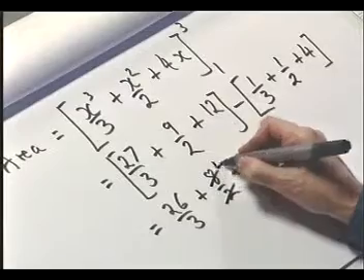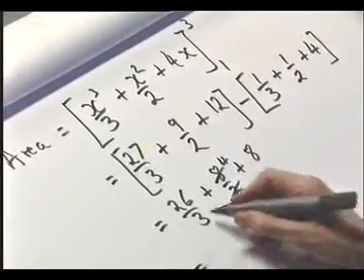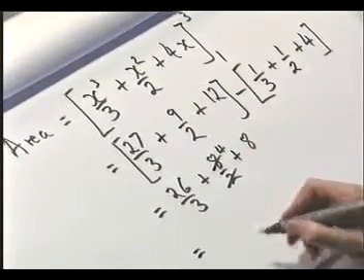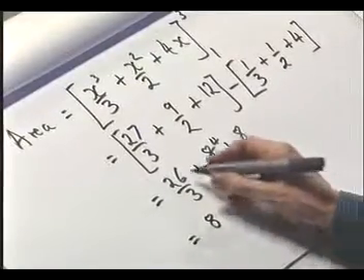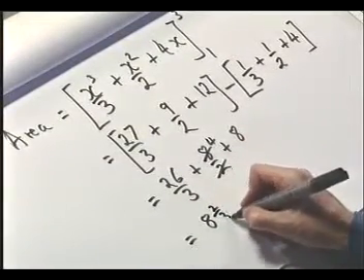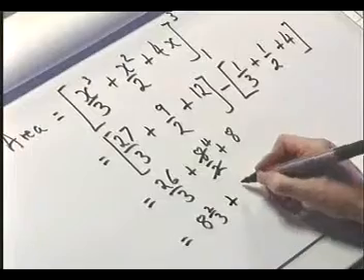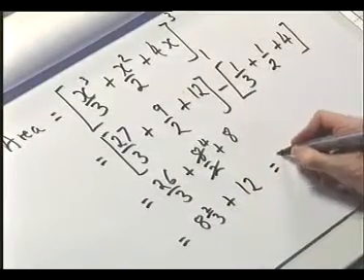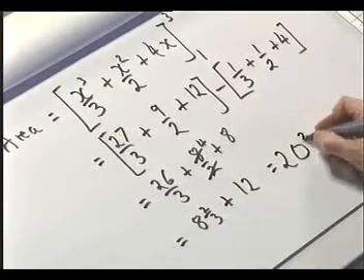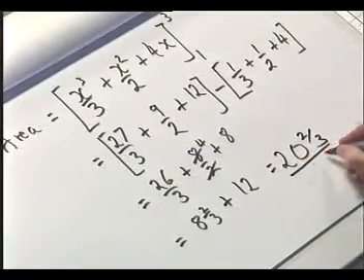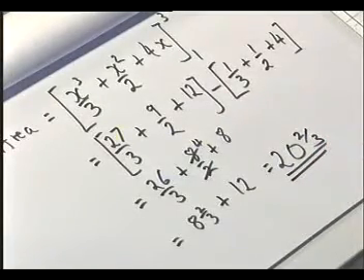That will cancel down to there. If I do 3's into 26, 8 3's are 24 and 2 over, so that's 2/3, plus 4 and 8 is 12. So altogether that's an area of 20 and 2/3.